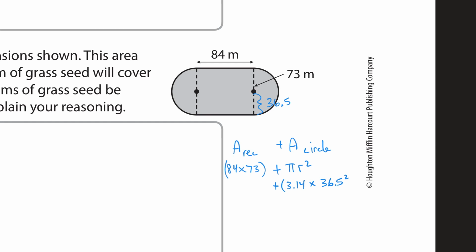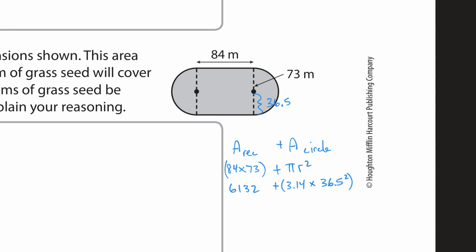Okay, so there's that. 84 times 73 is 6,132. And 3.14, now we have to remember that the squared means 36.5 times 36.5. So 3.14 times 36.5 times another 36.5. Make sure you get that in a calculator.